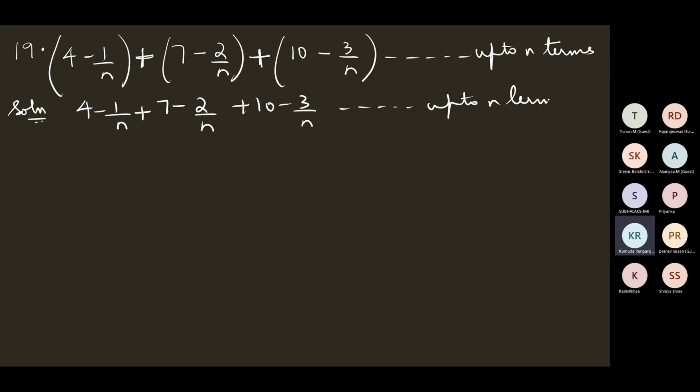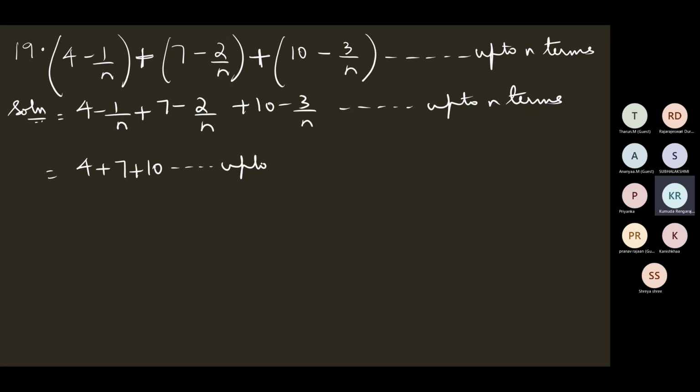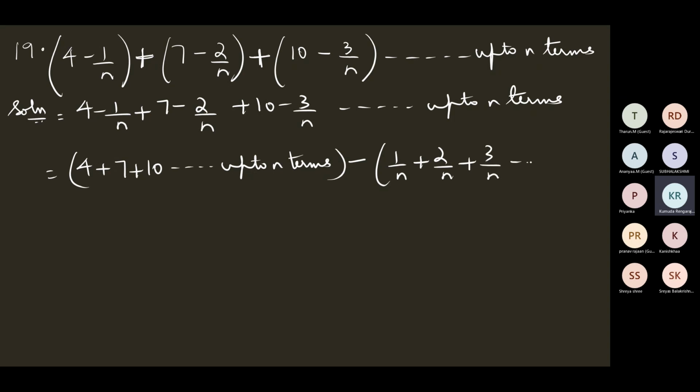So this can also be written as 4 plus 7 plus 10 up to n terms, minus 1 by n, minus is common, so it will be plus 2 by n plus 3 by n up to n terms.